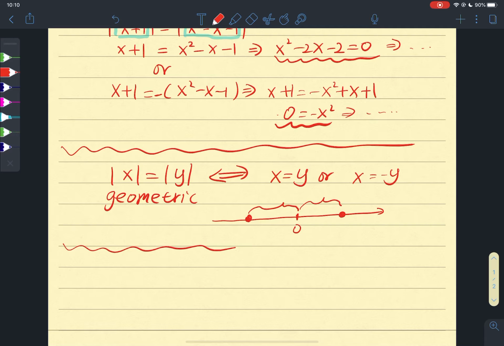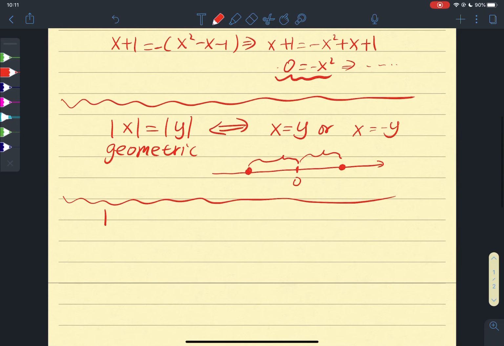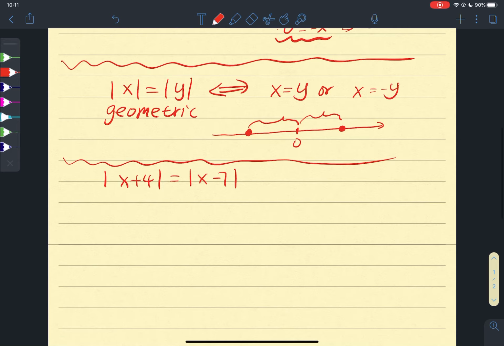But you may say, well, if that's the case, considering the original problem, which was x plus 4 is the same as x minus 7, why don't you flip the sign of all of them? According to your discussion, you said absolute value is either itself or flip the sign of the original expression, depends on what that is.